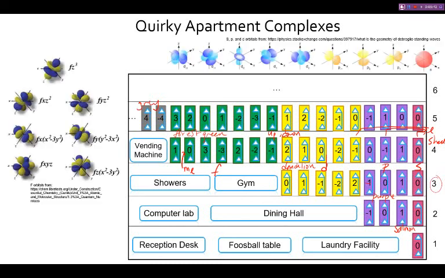So what we see is that the orbitals themselves are represented by these rooms. Each room in the apartment complex can hold 2 people. Each orbital within an element can hold 2 electrons. The values that they have, the shapes that they have, are based upon the quantum numbers.